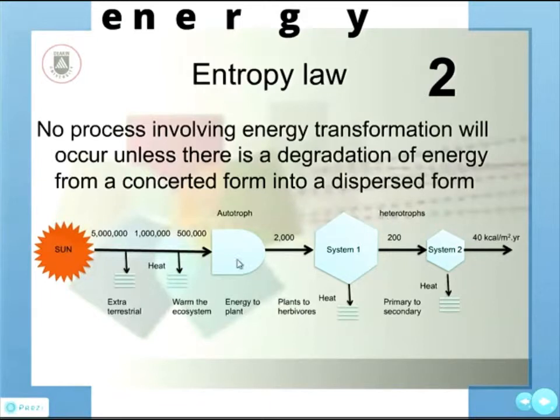The autotrophs are the plants and so on, who can use energy very efficiently, and the loss in this transformation is very low. So you have systems in nature that have a lot of ability to keep energy and use it very efficiently. And all the autotroph systems in nature do that.